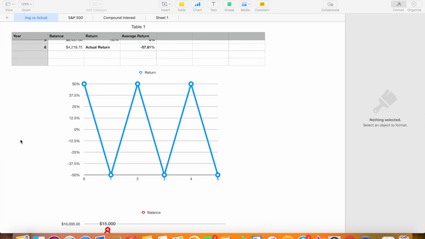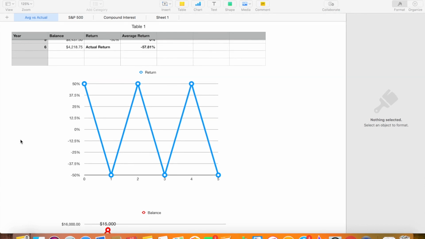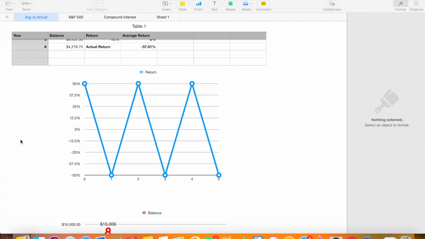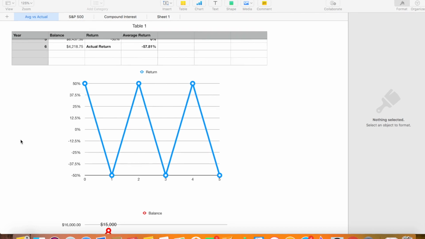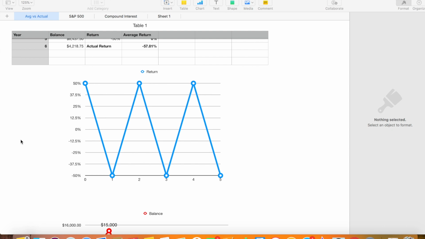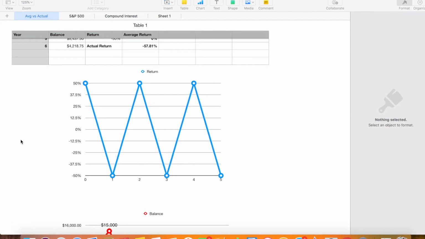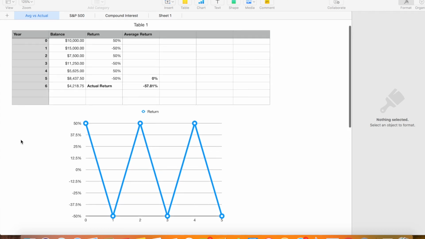Let's say the first year you get a 50% return, then the second year you get a negative 50% return. It goes like that for a couple more cycles: positive 50, negative 50, positive 50, negative 50. So the average return is technically 0%. However, that is not what actually happens.